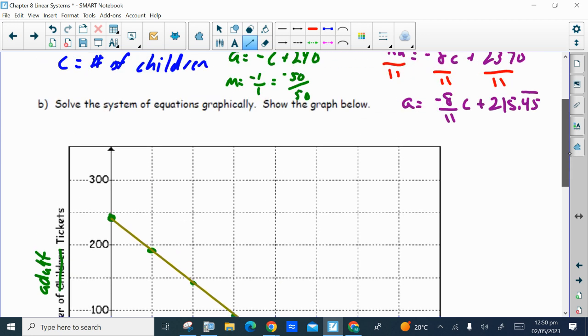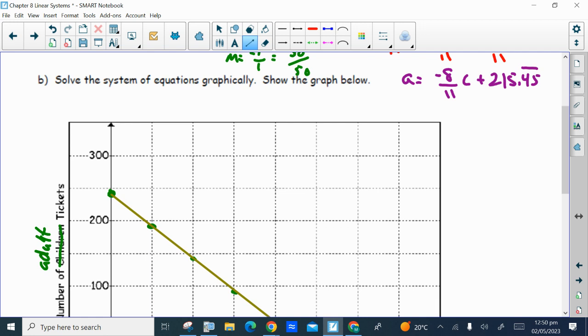Now, the second line is a little more difficult to do because of what the values are. So to graph this line, I'm going to use a slightly different method. I'm going to find 3 points that satisfy this equation. I'm going to randomly choose C values to find out what my corresponding A value will be.